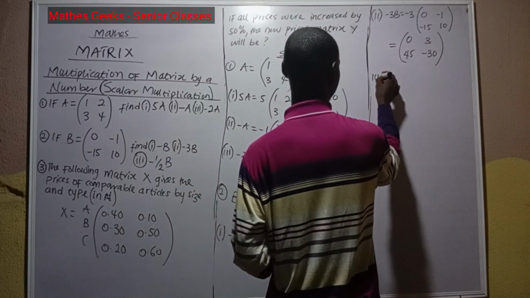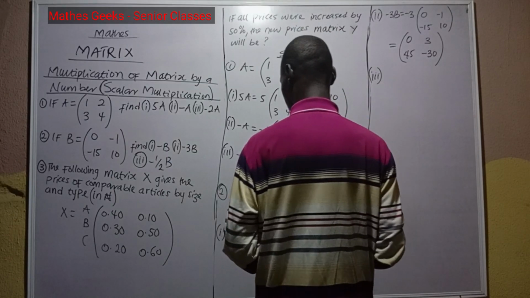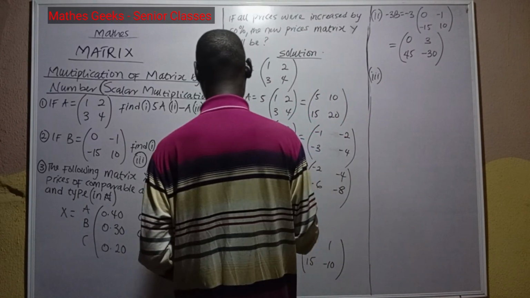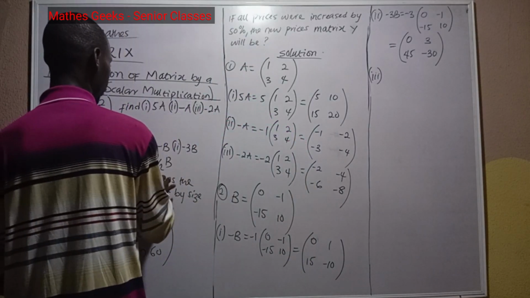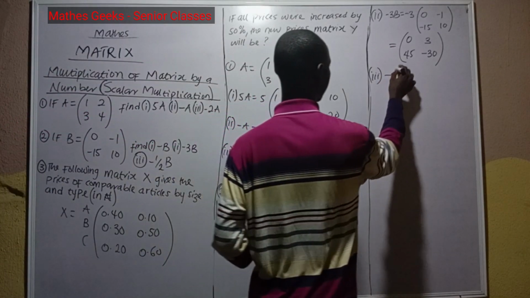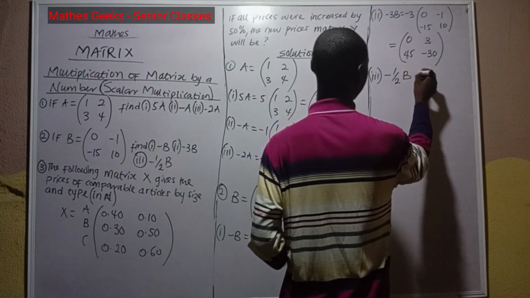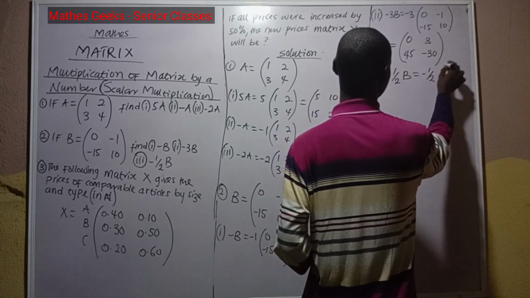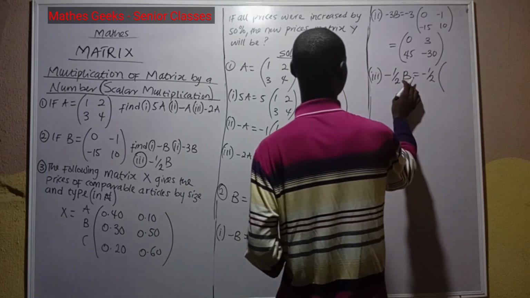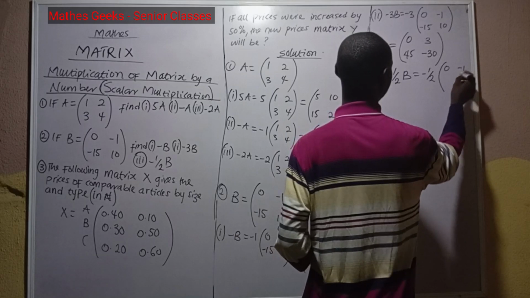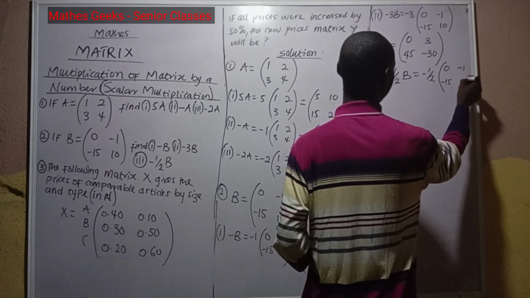Figure 3: minus 1 over 2 B. This is equal to minus 1 over 2 times the matrix 0, minus 1, minus 15, 10.